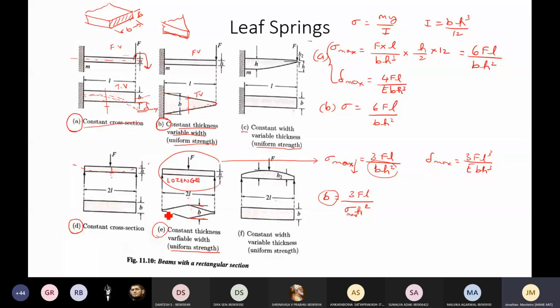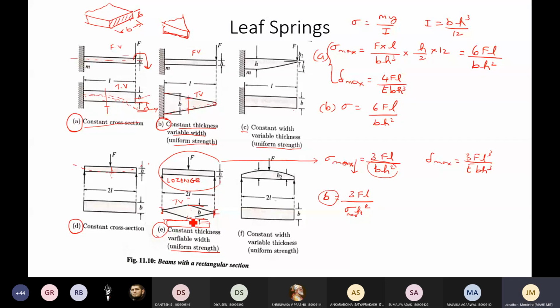But having said that, this lozenge shape itself is very impractical. For example, the vehicle has some tonnage of payload capacity. Now we cannot imagine having a spring, looking from the top, say this is the top view, where you are attaching a big wheel, and bigger than the wheel you need a suspension system.